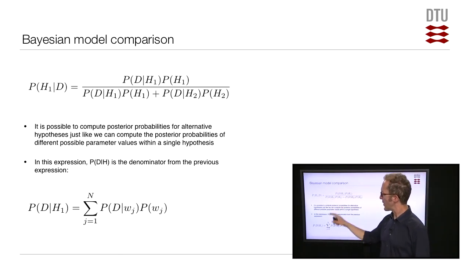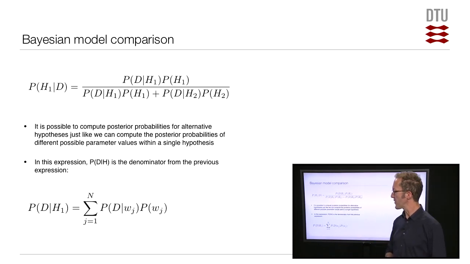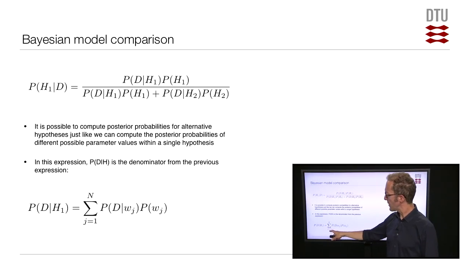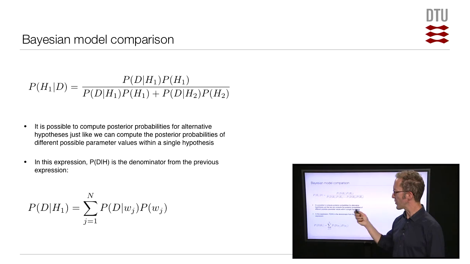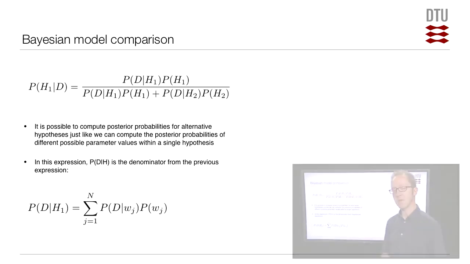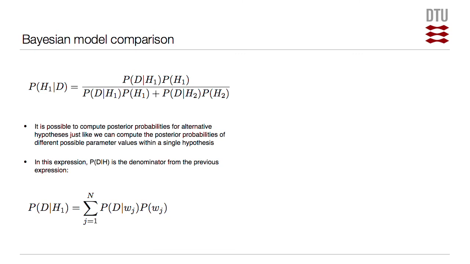But I should point out that in this case, the probability of your data given some hypothesis H1 is found according to the denominator of the equation you saw on the previous slide. I'm not going to go into this, I'm just mentioning it because you may run into model probabilities at some point, and then you have this slide to look back on.